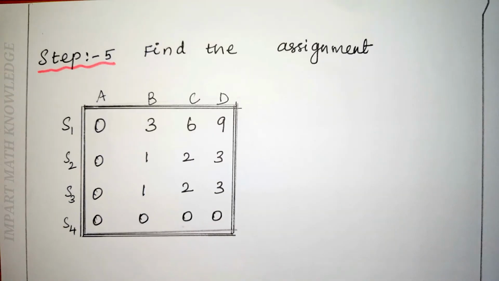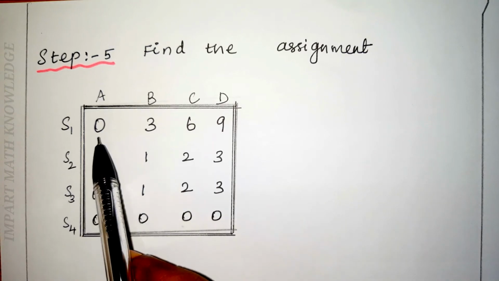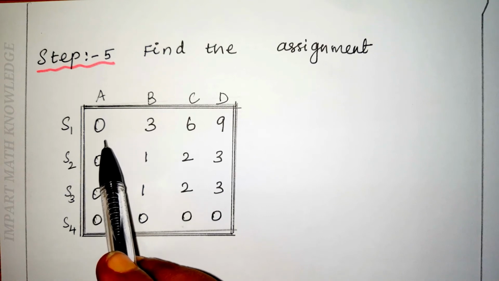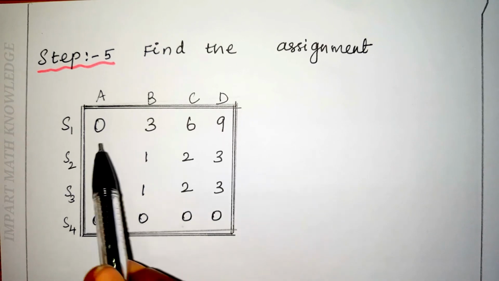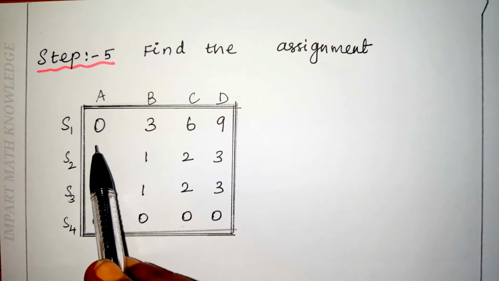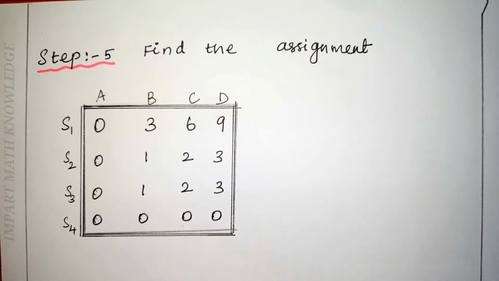After performing the row operation and column operation, we have to find the assignment. For finding the assignment, we go for row scanning first. In the first row, we have only one 0. If you have more than one 0, you skip that row. Here we have only one 0, so you have to mark a square on it.